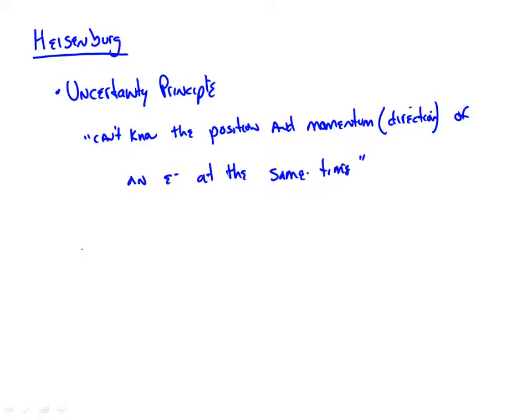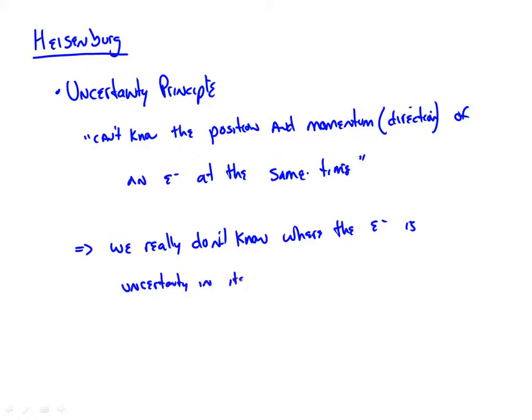And so it's impossible for electrons to be in orbitals, because if it was in orbitals, then we wouldn't know how fast it's going. And if we knew how fast it's going, then it can't possibly be in orbitals. So he's really saying you just can't know where the electron is. Basically the uncertainty in its position is bigger than the atom.